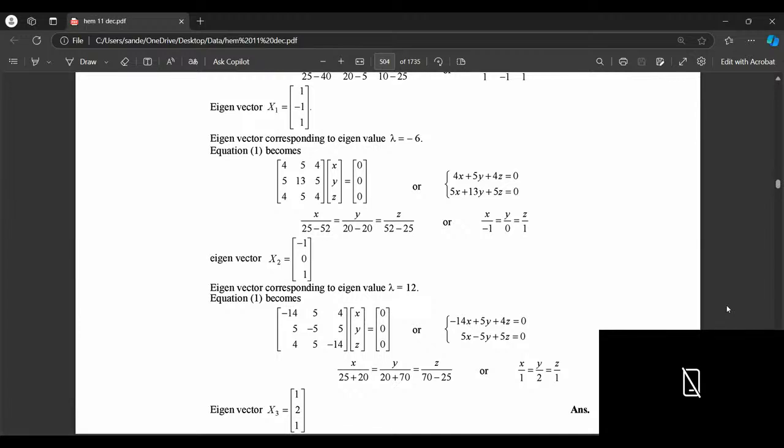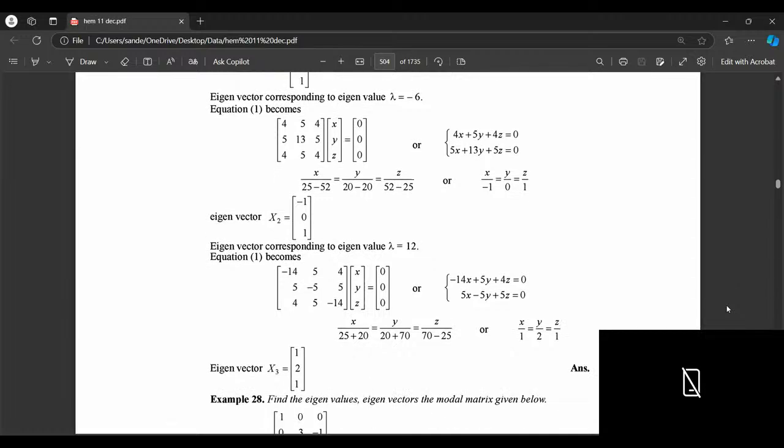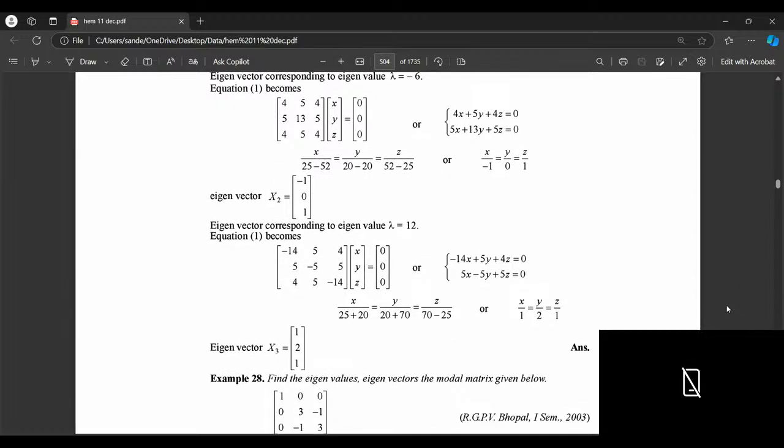And similarly for lambda equal to 12, you can write minus 2 minus lambda, which is minus 14, 5, 4; 5, minus 5; 5, 4, 5, minus 14. All the three equations are different here.